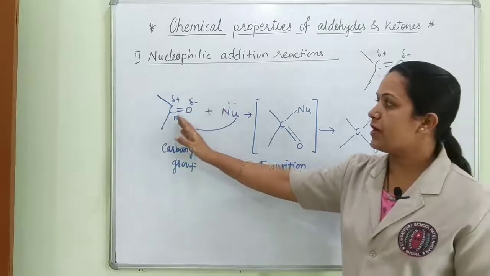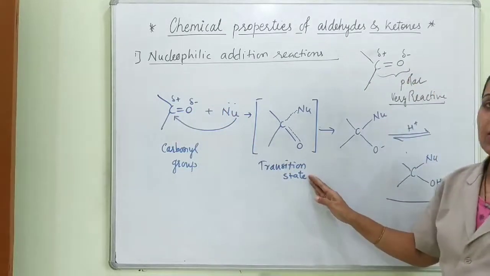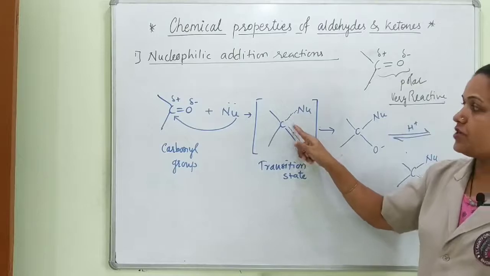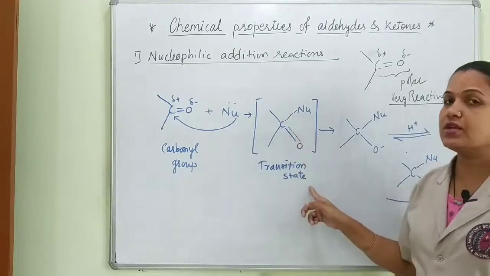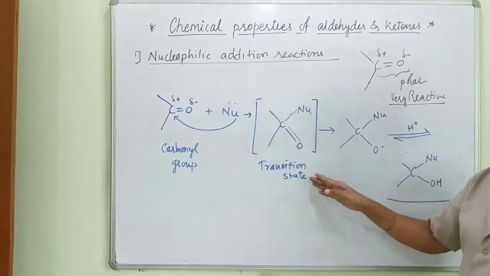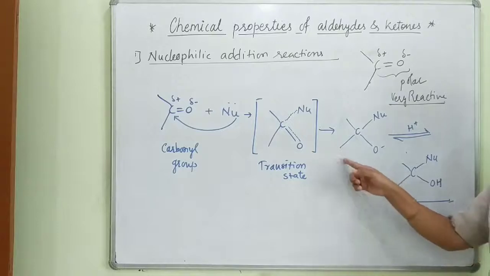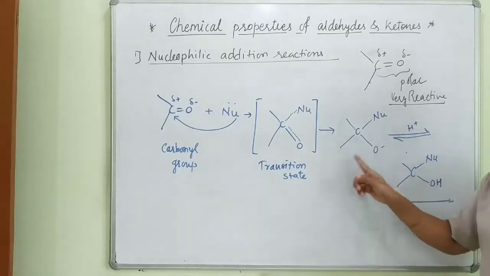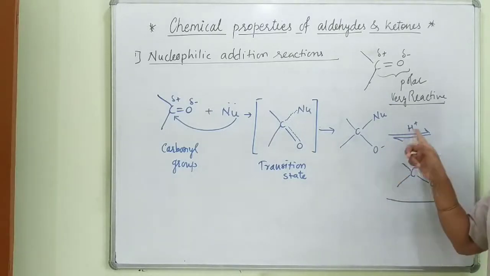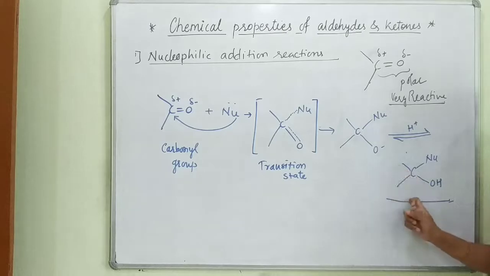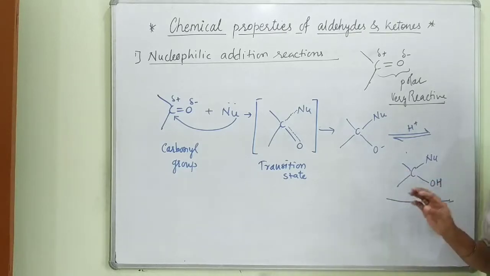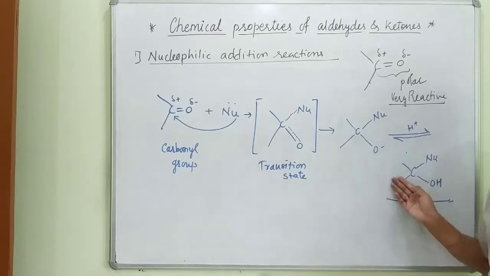When it attacks this carbon, there will be formation of a transition state. It forms a transition state in this way, and as we know the transition state is not stable, it converts itself into this anionic form. When it converts into this anionic form and H plus is added to it, we get the desired product. Afterwards, in the next class, we are going to study this further.